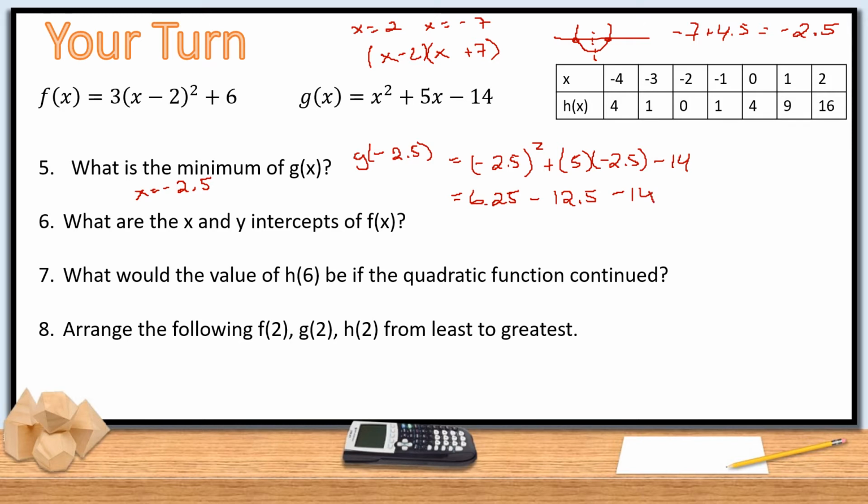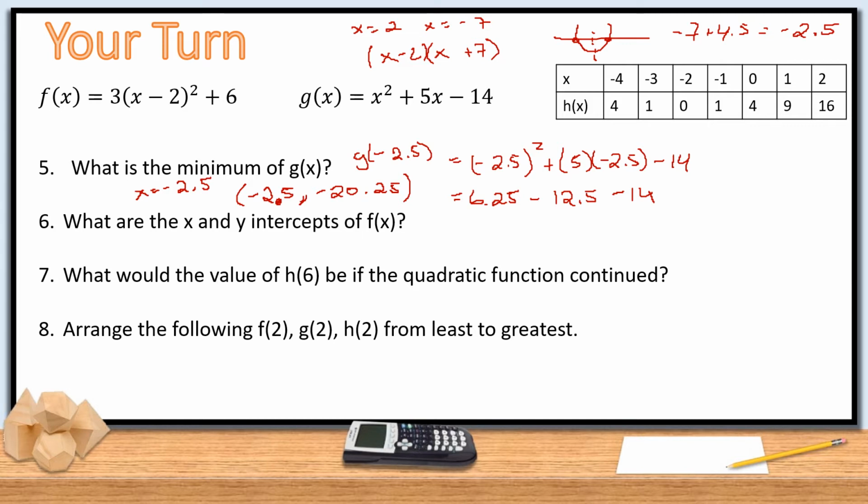So we got 6.25 minus 12.5, and then minus 14 is negative 20.25. So our minimum is at negative 2.5, negative 20.25.